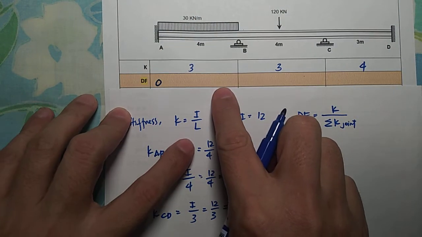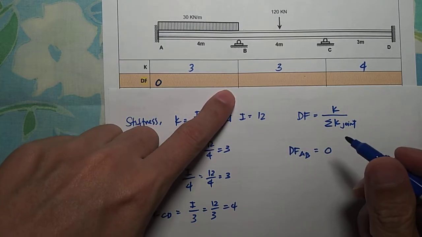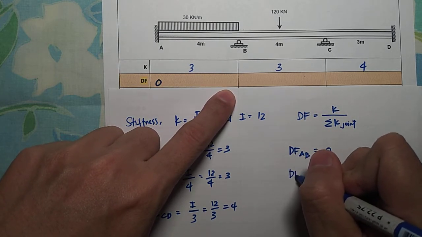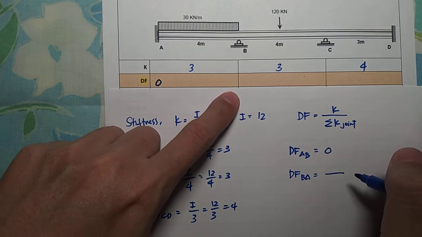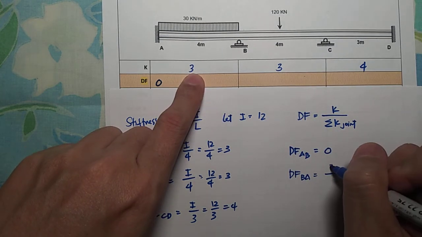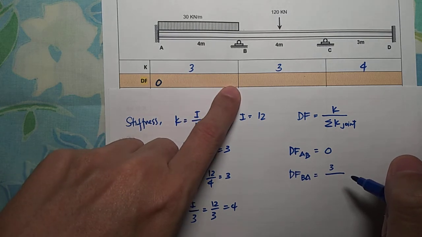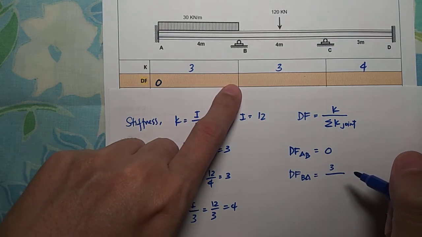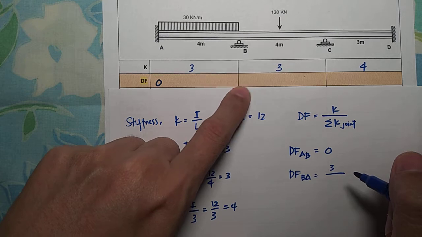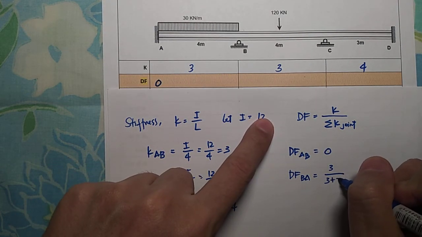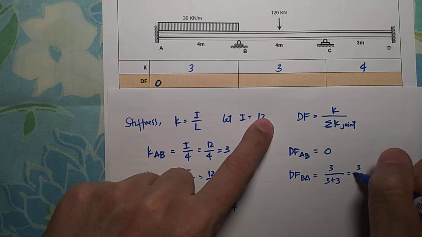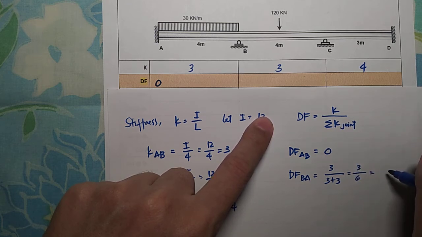How about the DF at B? The DF on BA is the stiffness on this member, which is 3, divided by the summation of the stiffnesses of the members at this joint. The members are 3 and 3, so 3 plus 3. That is 3 over 6, or 1/2, or 0.5.